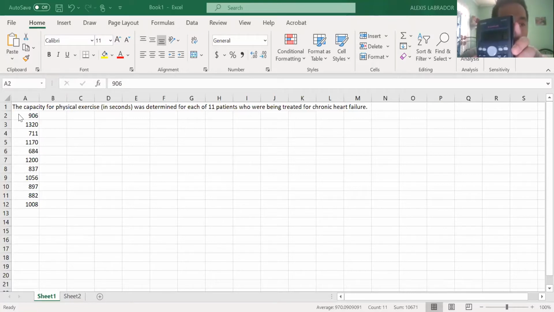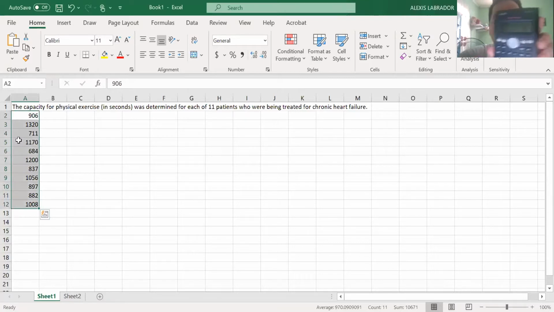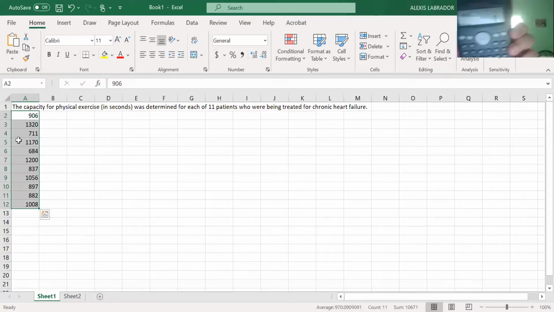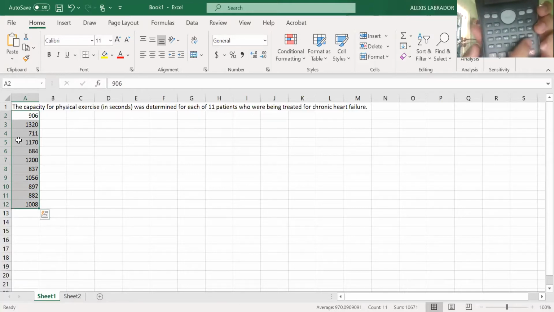To input them, you are going to type the number, for example, yung una, 906, and then press this button M+. As you input the data, for example the first one 906, then press M+.